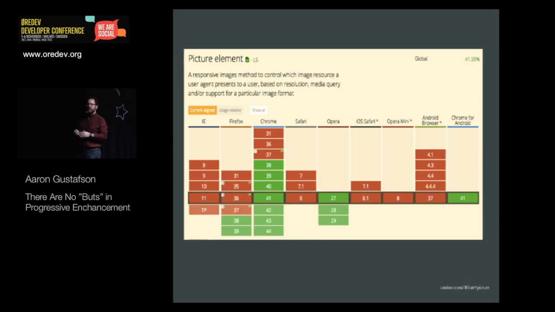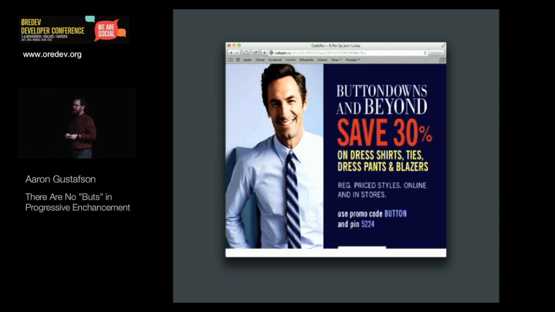Picture is used more for art direction where you want to swap images. Srcset and sizes is more often used for when you just want to provide different renderings of the same image at different sizes. But I'll let you look into a little bit more of that. Even if you don't have picturefill, if you don't have JavaScript, the fallback is simply the small screen version, and that's okay even on a large screen.